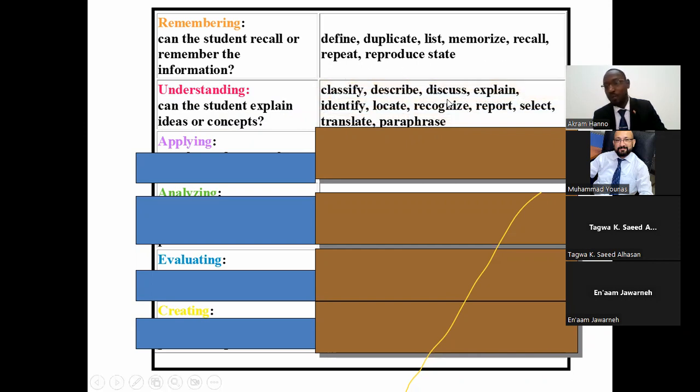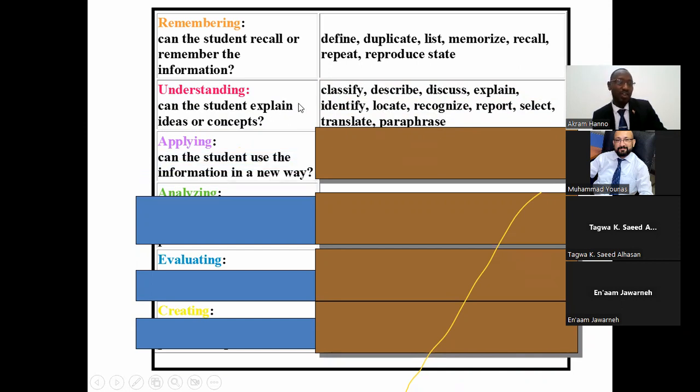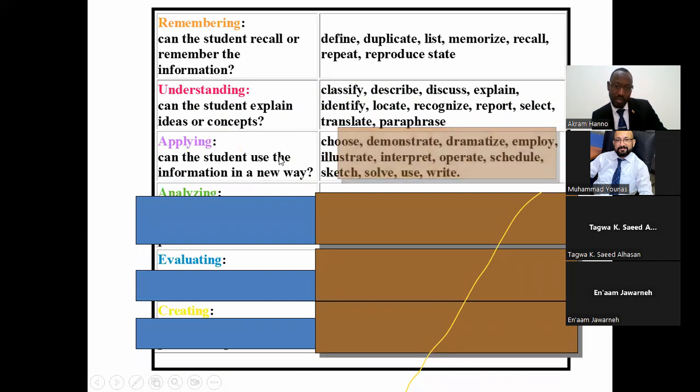So these are the verbs that Bloom used. Apply: can the student use the information in a new way? Like choose, demonstrate, dramatize, employ, illustrate, interpret, operate, schedule, sketch, solve, use, write.